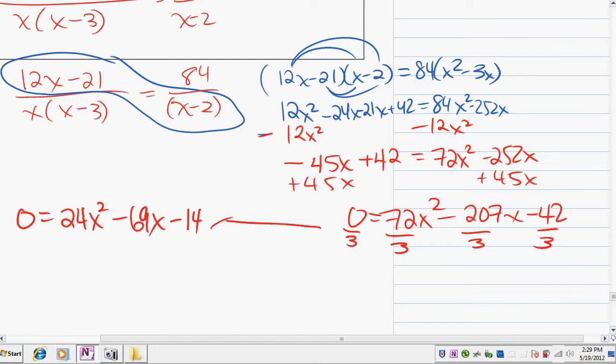And so now I could graph this. I could use the quadratic formula. I could do a variety of things. So just for demonstration purposes, let's use the quadratic formula. x equals the opposite of b plus and minus the square root of b squared minus 4 times a times c, all over 2 times a.